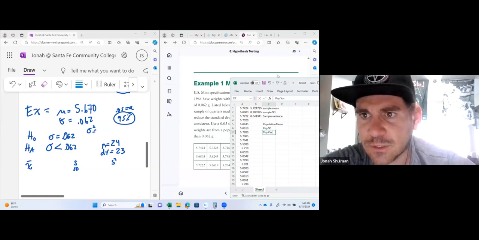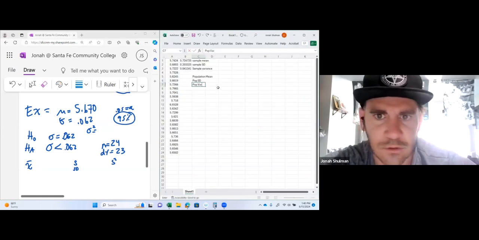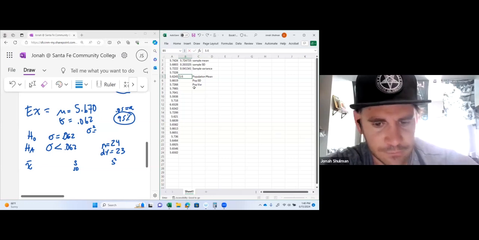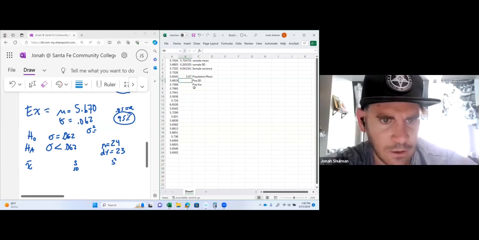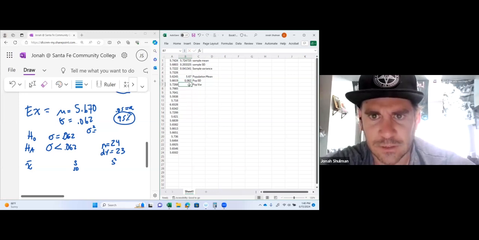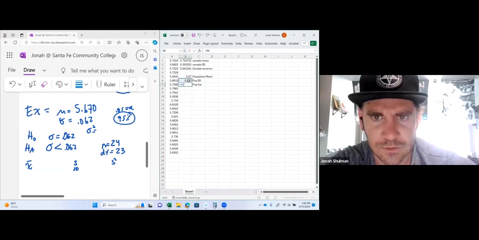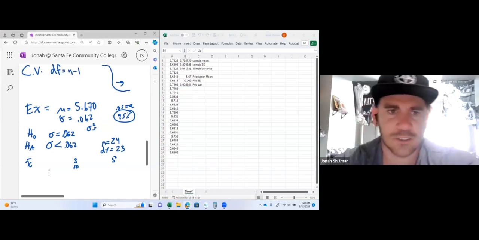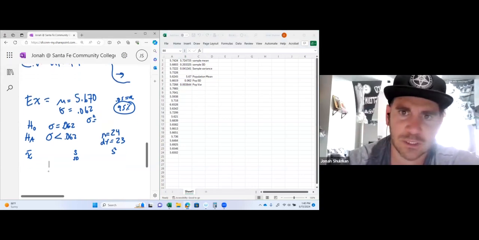Now we're just going to let the formula kind of be our friend. So our population mean is 5.670. Our standard deviation is 0.062. Our population variance is this squared, so it's this times itself. So these are all of our values. There's more than we need, but I just like getting everything.